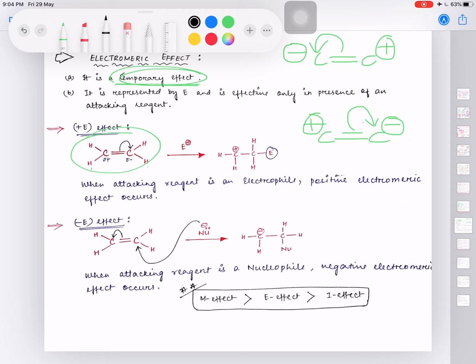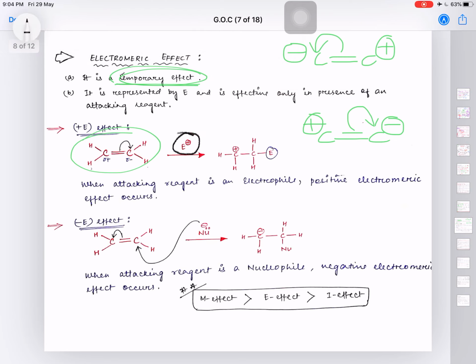If you bring an electrophile, meaning an electron deficient species, near that alkene, numbering the carbons 1 and 2, and the electrophile is near the second carbon, then electrons will move towards the second carbon.